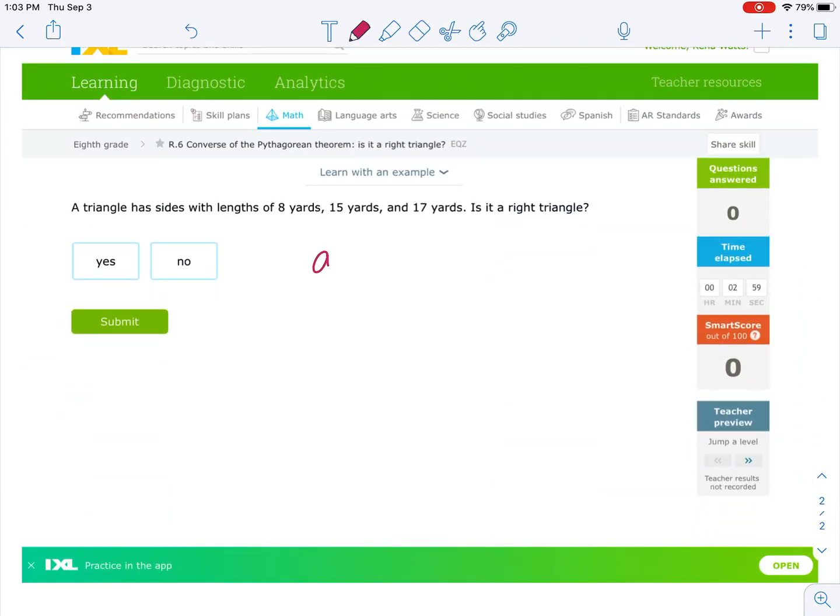We'll do that one more time. Here we know we need to use a squared plus b squared equals c squared to know whether or not it's a right triangle. And I need c to be the biggest number. So c is 17 because the hypotenuse is always the longest side of the triangle, and the 17 yards is the longest measurement that we have out of 8, 15, and 17.